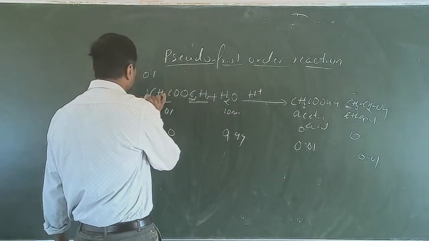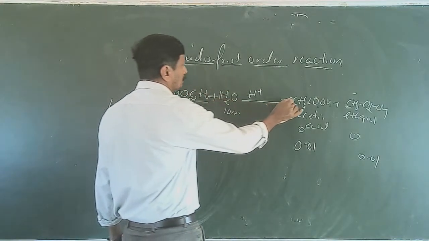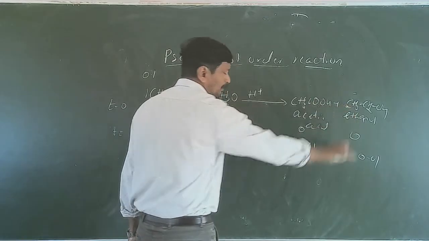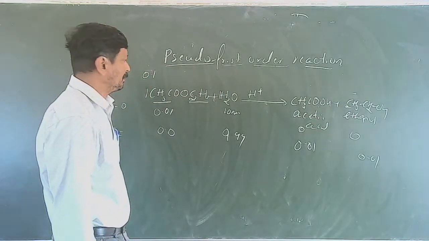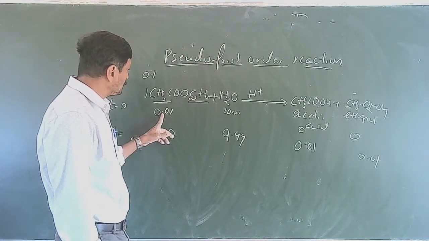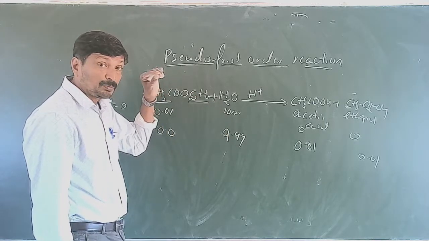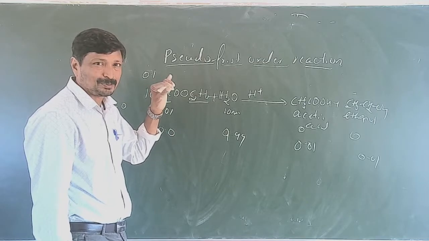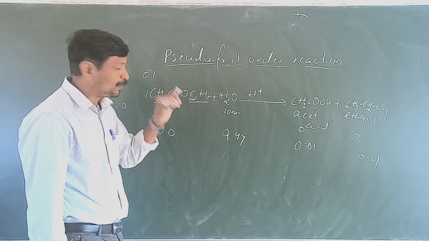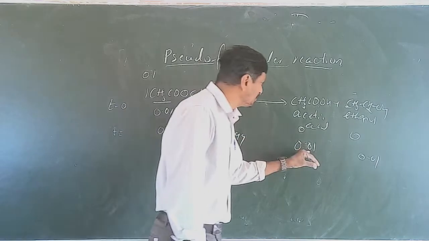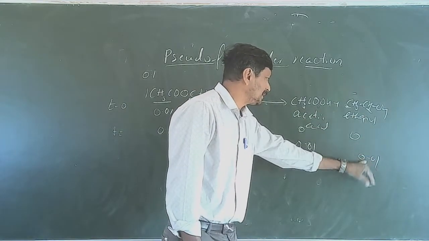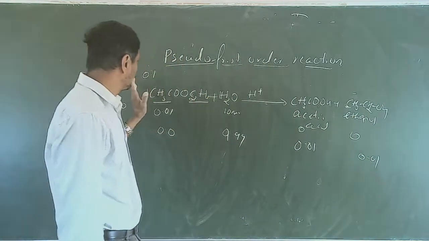See, 1 mole of ester reacted with 1 mole of water to form 1 mole of acetic acid and 1 mole of ethanol. Suppose 0.01 mole of ethyl acetate reacts with 0.01 mole of water, giving rise to 0.01 mole of acetic acid and ethanol. This is the stoichiometry case.